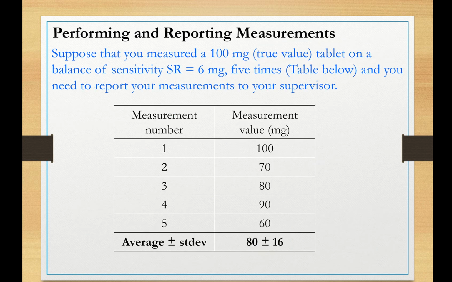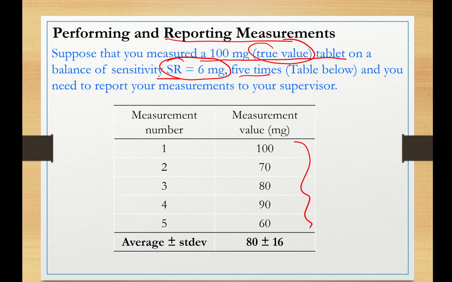Now, how do we report measurements? Suppose you measure a 100 milligram tablet, that's the true value, on a balance of SR 6 milligrams 5 times, and you have to report your measurements to your supervisor. These are the 5 measurements of the same tablet. This is what I meant before. Although the true value is 100 milligrams, your second measurement just registered only 70 milligrams.